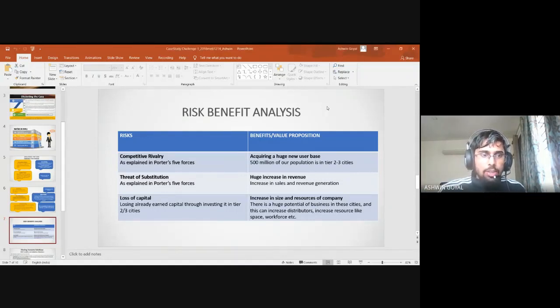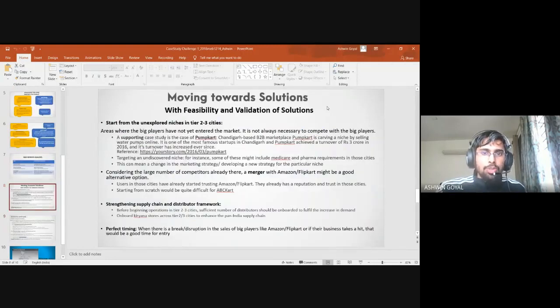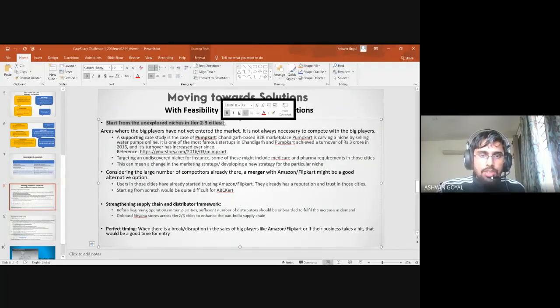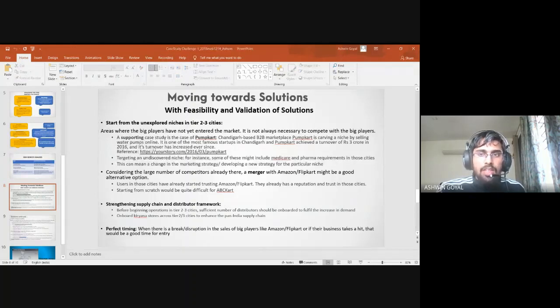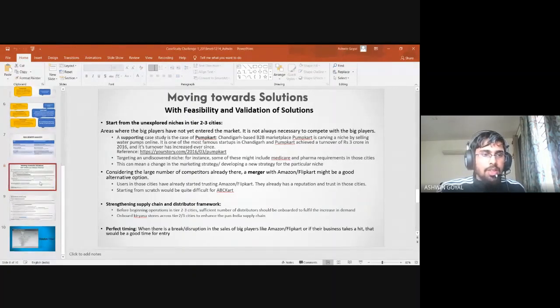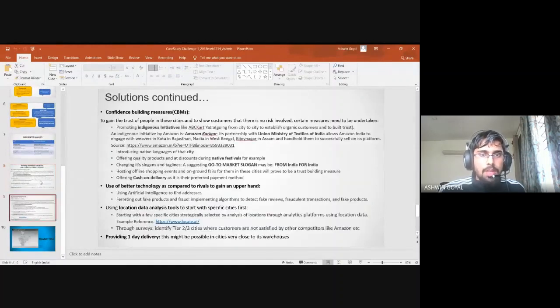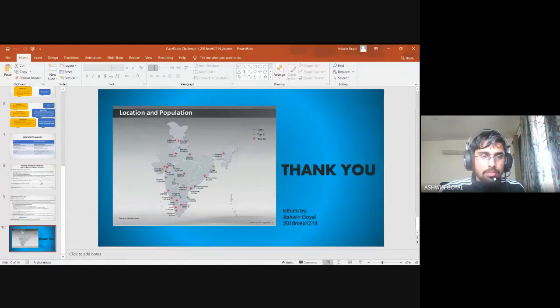So once I understood all of that, I moved towards the solutions. I wrote down all of these solutions, and each of these solutions, suppose this is a solution, is backed by proper data. Why am I suggesting this solution? These are the reasons why I am suggesting that solution, right? So whenever you state a solution, always mention the reason why you are doing that. Then these are other solutions. Yeah, that's all.